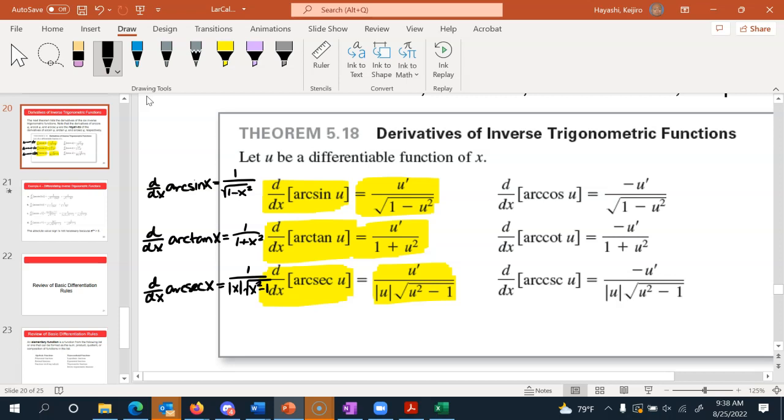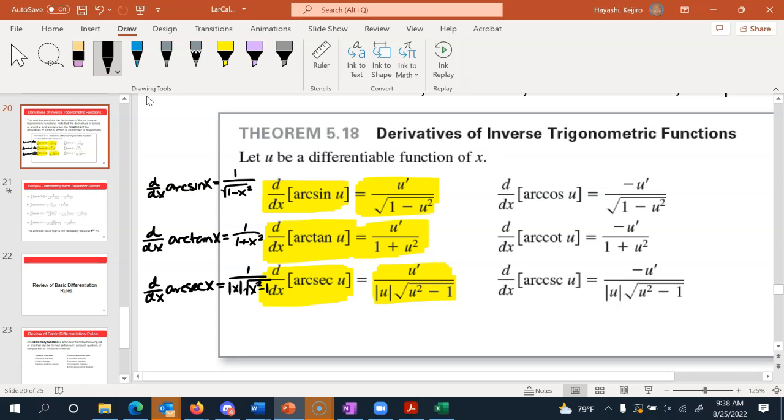The ones on the right matter less, particularly because you can just take the ones on the left, slap a negative sign on them, and you have them. The derivative of arc cosine is just the negative of the derivative of arcsine.